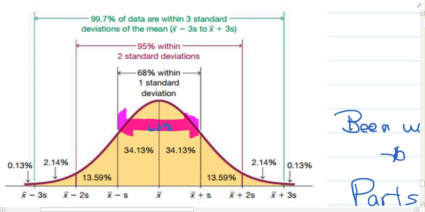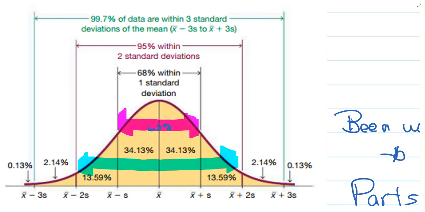One standard deviation around the mean. Then if we do two standard deviations around the mean, that one's another popular one because that is where our significant values come from. Then we have approximately 95%.